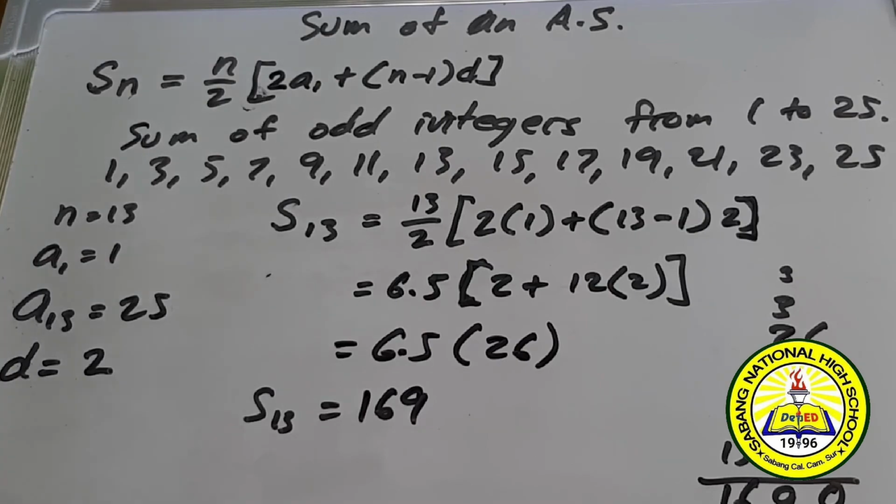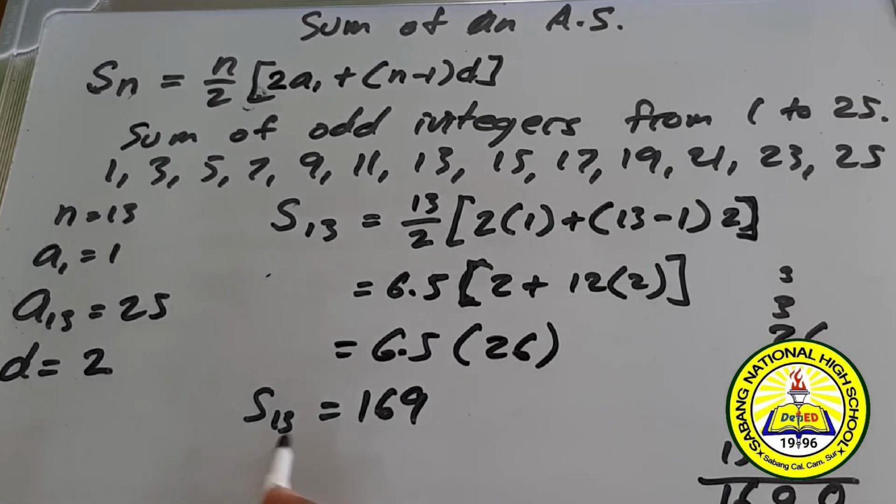Okay, the sum of the 13 terms is 169, based on your module on page 8. S sub 13 is equal to 169. Please take a look at the subscript of the S, a typographical error. That should not be S sub 10. That should be S sub 13.